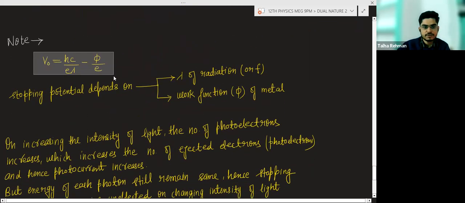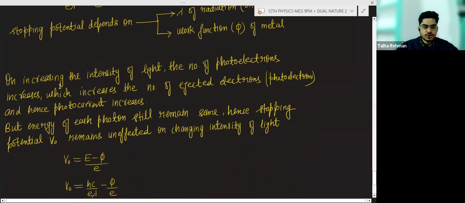That is what I have written here. Stopping potential is given by hc by e lambda minus phi by e. Stopping potential depends upon lambda, the wavelength of the incident radiation, and the work function of the metal.